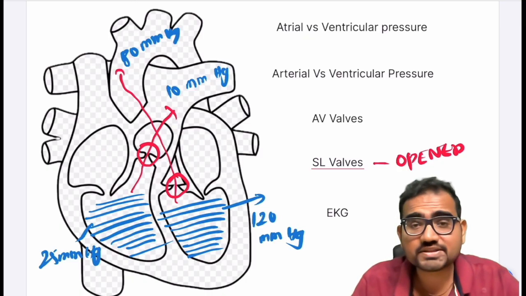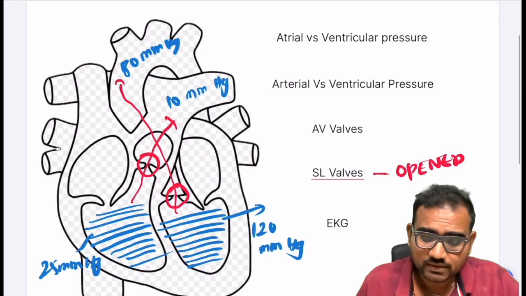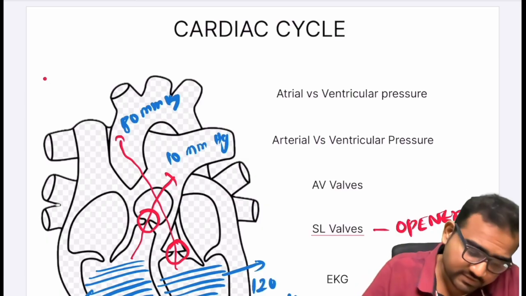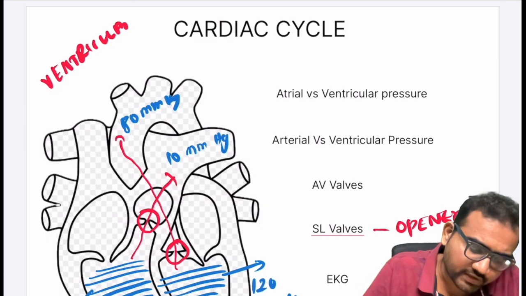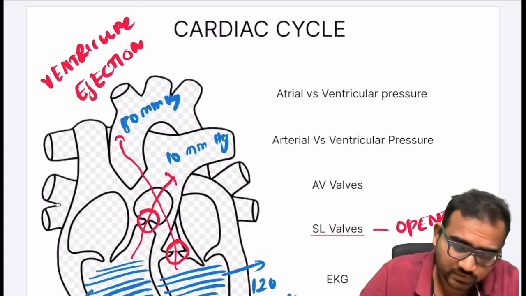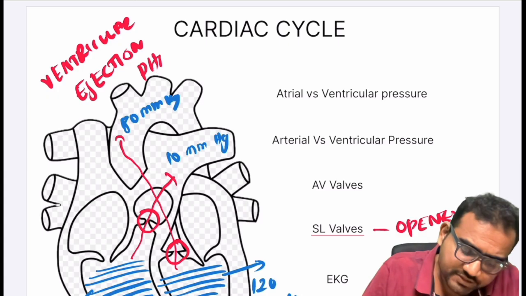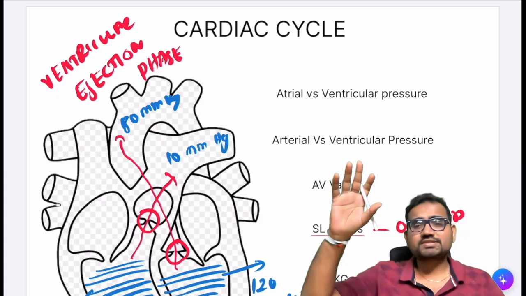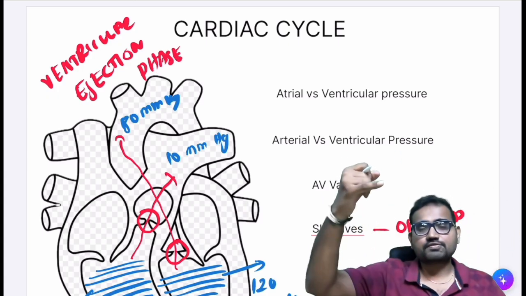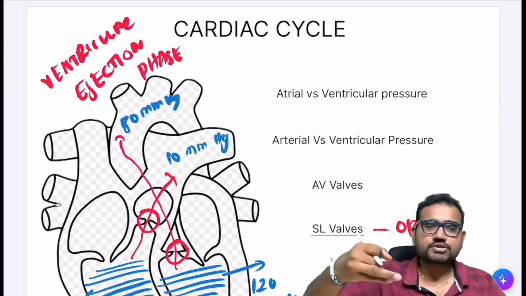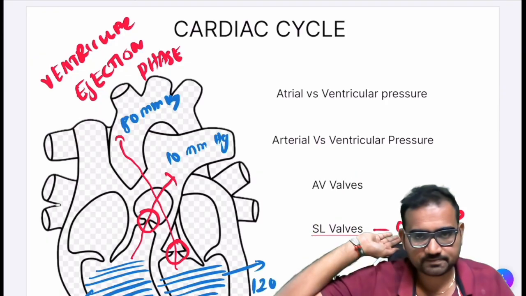So this is what is happening in the ventricular ejection phase. The first phase is the ventricular filling phase, which is followed by isovolumetric contraction, which is followed by the ventricular ejection phase.